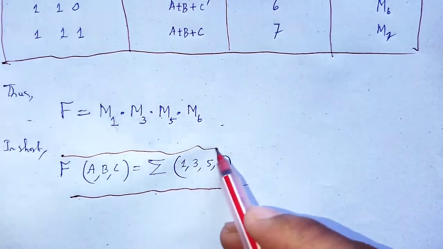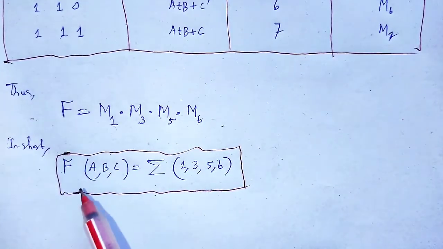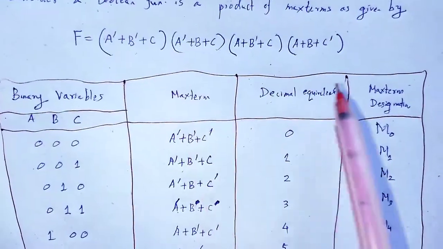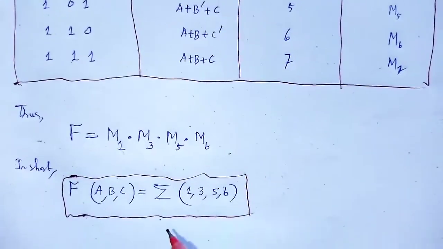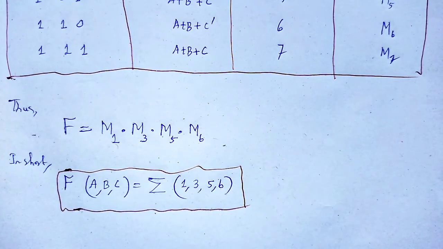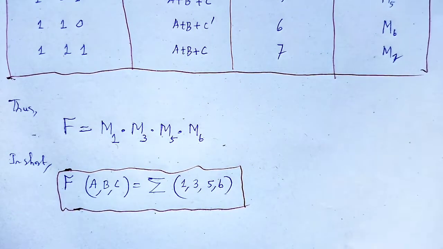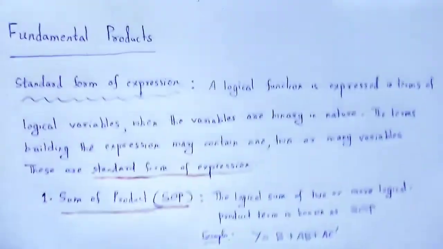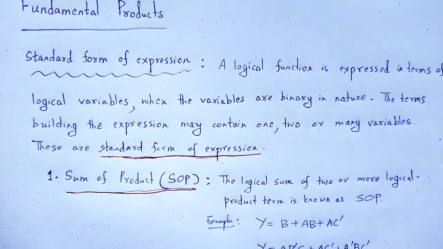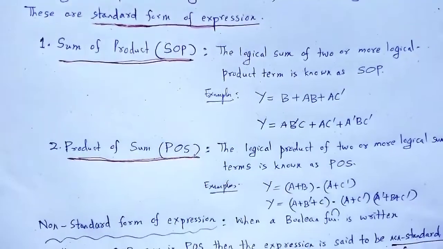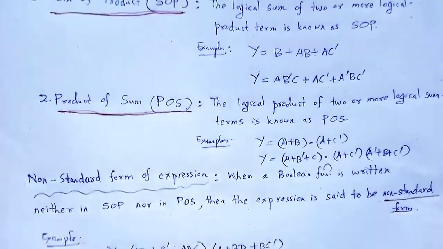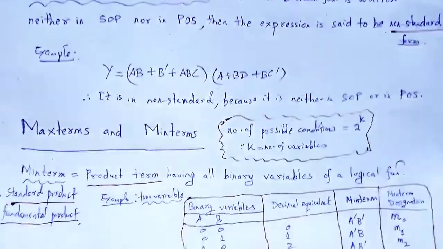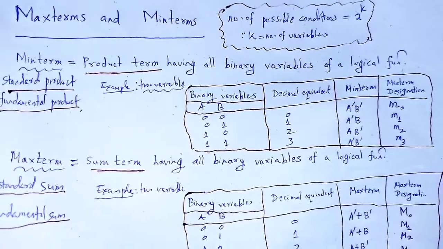From that notation it is clear it is the product of Maxterms. That expression is written in this way. So here, with the help of this video lecture, we understood the concept of fundamental products, standard and non-standard forms of expressions, the idea of sum of products and product of sums, Maxterms and minterms.